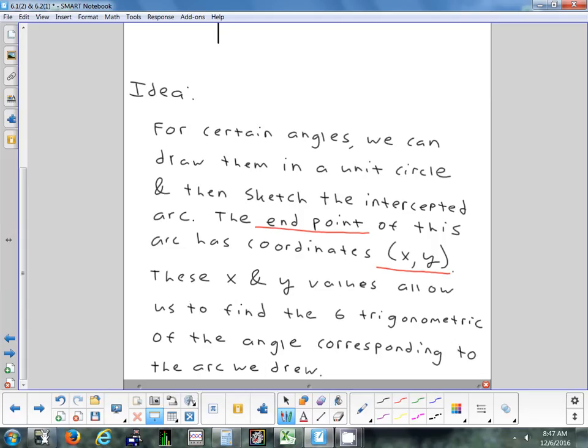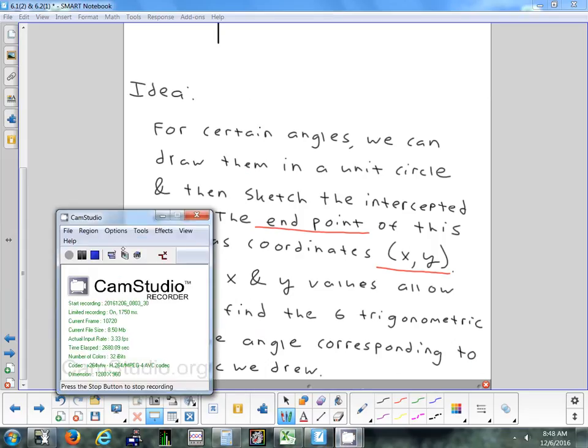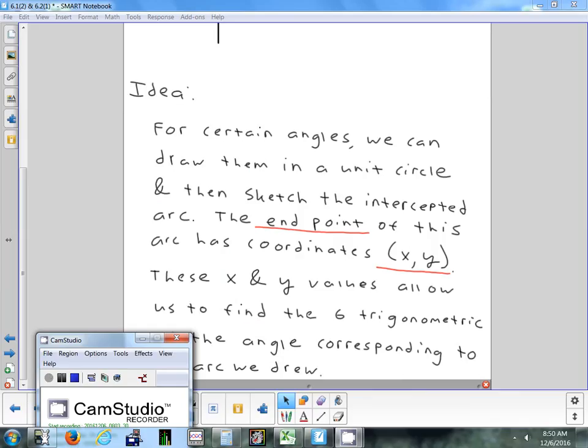If you can find the coordinate, the x and the y value are what allow you to do unit circle trig. Any questions on that idea of unit circle trig?